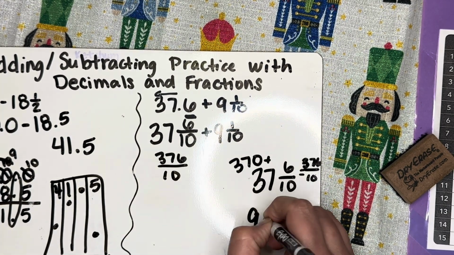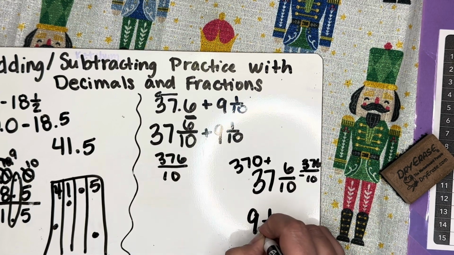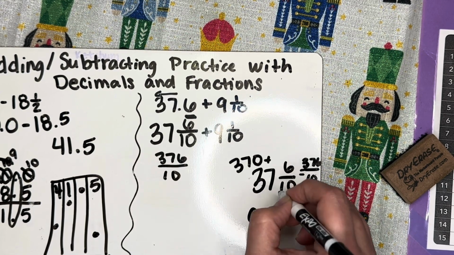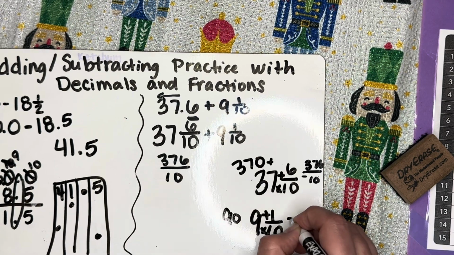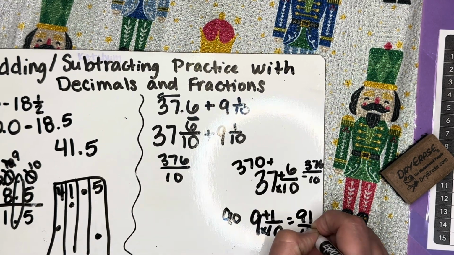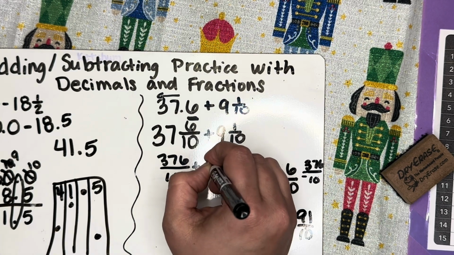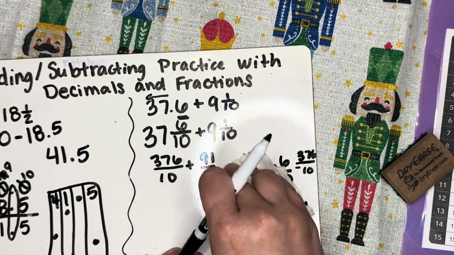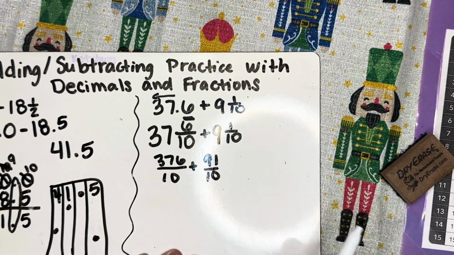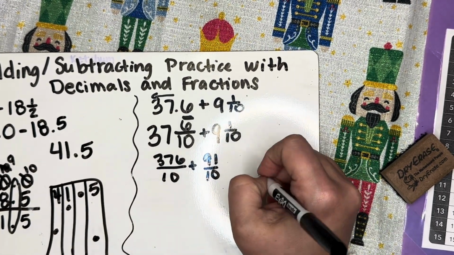And then 9 1/10. Sorry, I forgot to write that there. That's 90 plus 1 is 91/10. Going to erase this. I don't have much room. I can add those up because my denominators are the same.